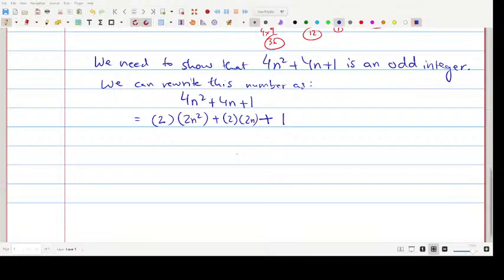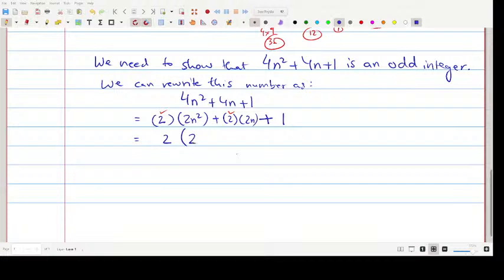So what we'll do now is we'll take the 2 common from the first two terms, right? In the first two terms, you see there is a 2 in the first term and there is a 2 in the second term. So we'll just take them out and create a small bracket in which all the leftover terms will be added, right? So what are the leftover terms?